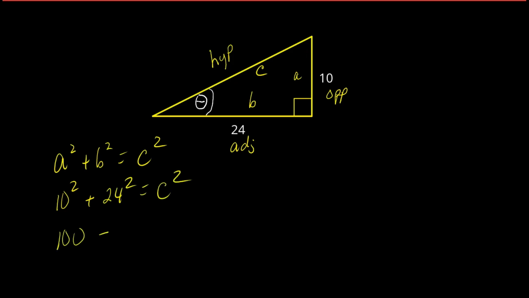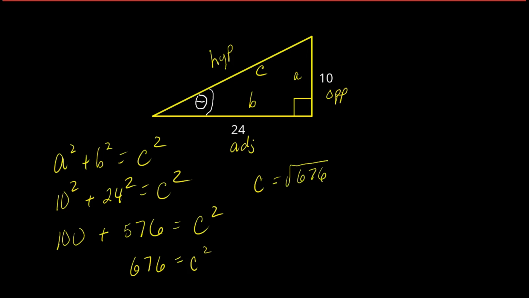So 100 plus 576 equals c squared. So c squared is equal to 676. So c would equal the square root of 676. So c will equal 26. So I know that the length of this side here is 26.